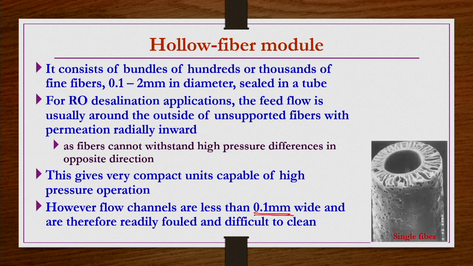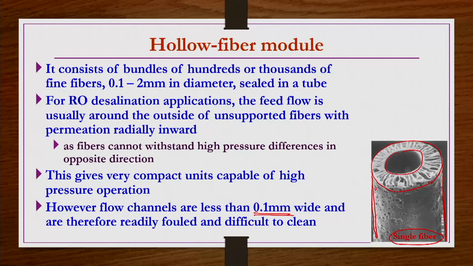Pictorially, one single fiber in general has this kind of shape. This very enlarged picture is shown here. This is one single fiber which has a diameter of approximately 0.1 to 2 mm, that is, not more than 2 mm.